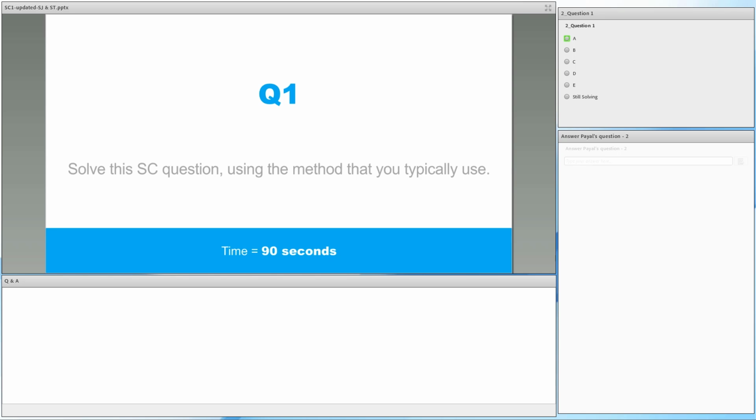When I see about 50 to 60% of you have locked in your answers, I'm going to give you that 30-second warning. And once that 30 seconds is up, I will end the poll and we will see how everyone answered and work our way through the question. All right, it looks like we have a decent number of people participating, so I'm going to give you the question. I'm going to mute myself. Best of luck.